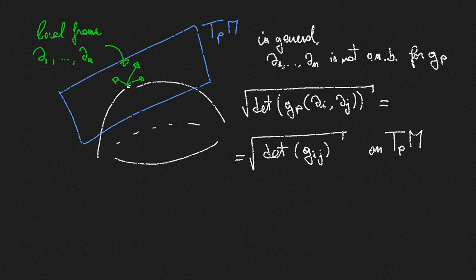We need to apply this correction: the determinant we just found times the alternating form.